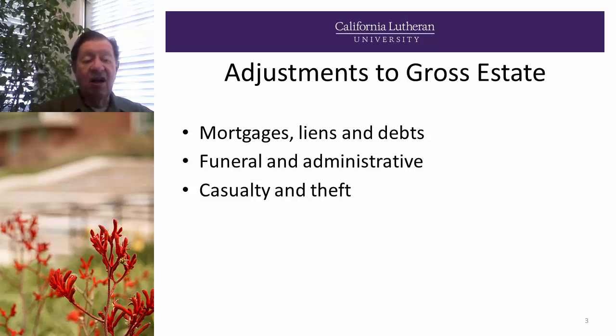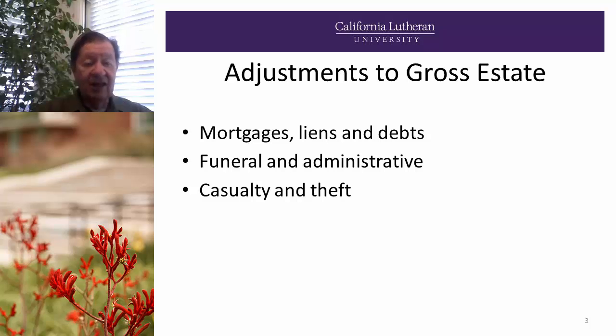Person owns a car, leaves it at death, the son gets to use the car, and he crashes it and totals it. We now have a deduction from the estate because at the date of death, that car should be included in the estate, and then after that it came out.